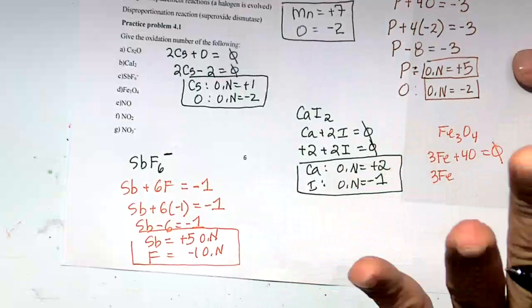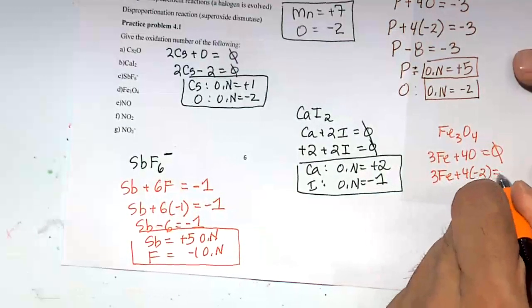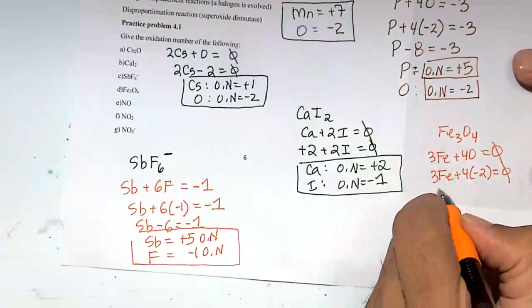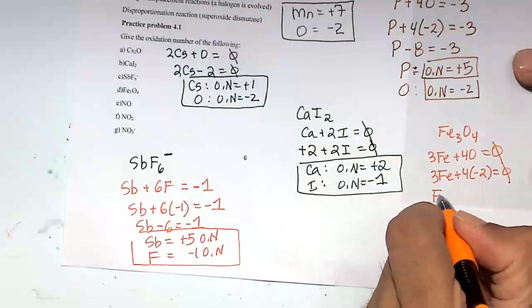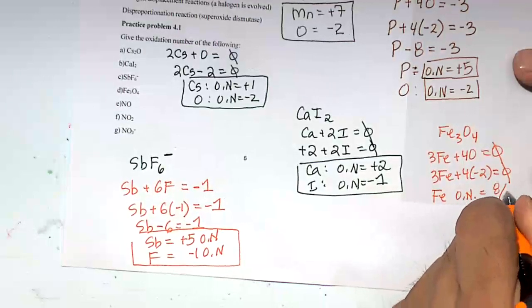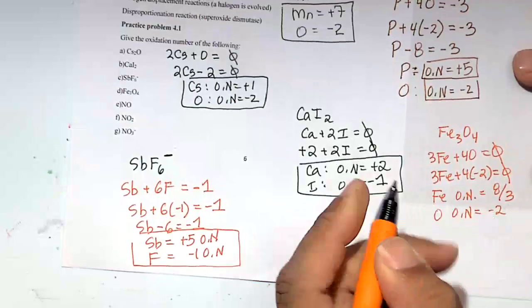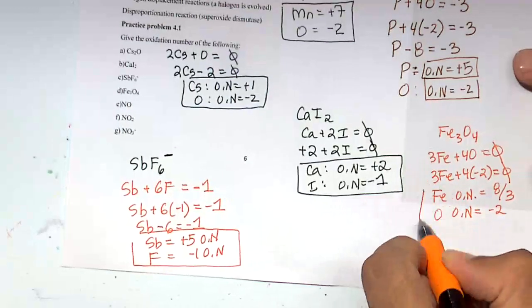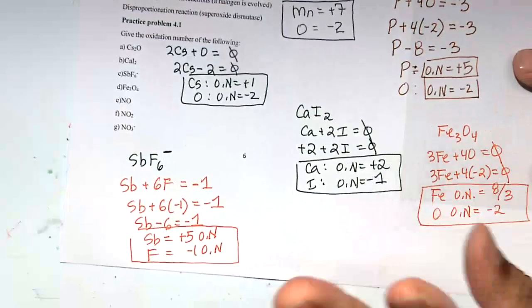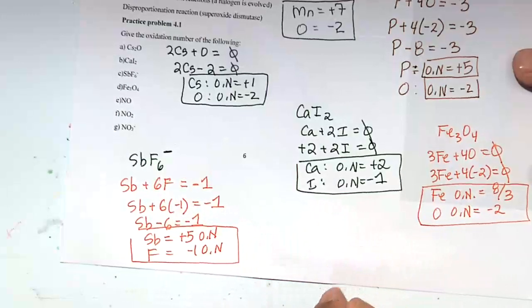So oxygen will always, at least 99% of the time, have an oxidation number of minus 2. So solving for that, we get iron with an oxidation number of 8/3, and then oxygen will always be minus 2. Okay, in fact, that's something you just memorize. Okay? Oxygen minus 2, hydrogen plus 1.